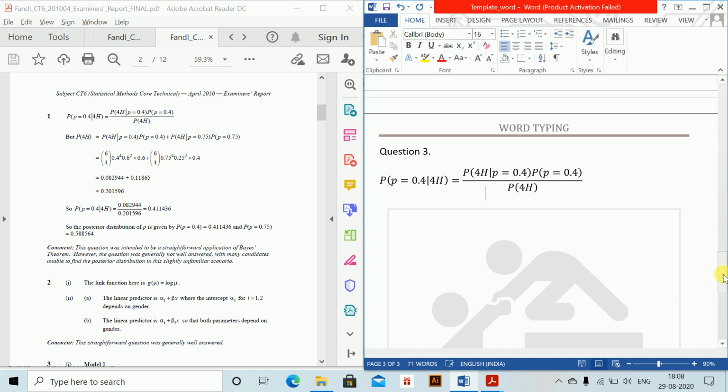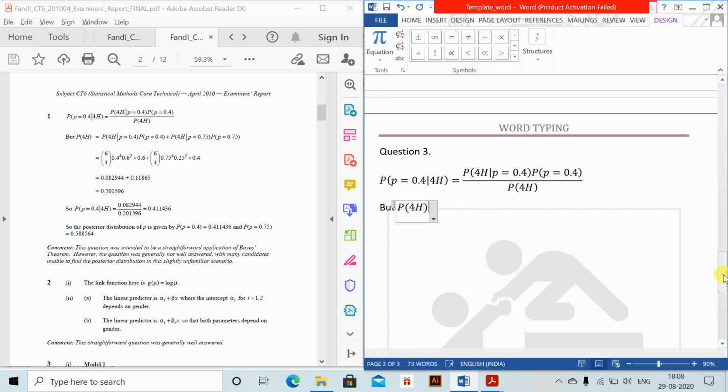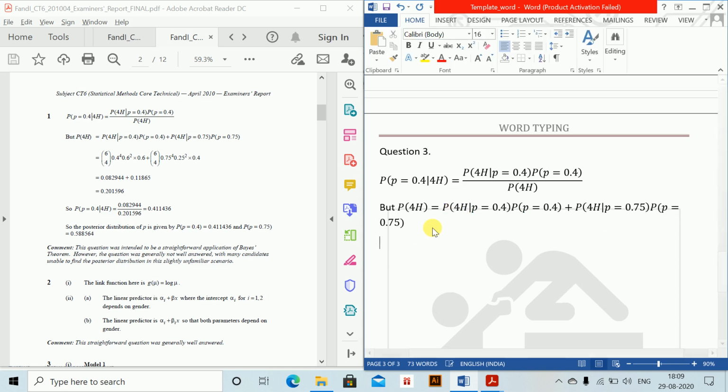Okay, so this is there, but the probability of 4 heads is equal to the probability of 4 heads given p equals 0.4 into the probability of p equals 0.4, plus the probability of 4 heads given p equals 0.75 into the probability of p equals 0.75. So therefore we'll solve this.